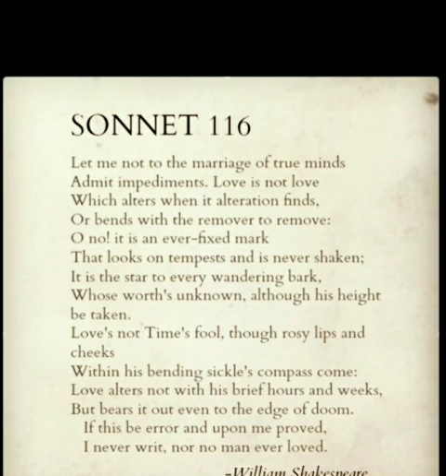Here, we can see that Shakespeare uses metaphors in this sonnet, trying to explain things as easily as he can, such as the example of a pole star, and second, the example of a lighthouse.